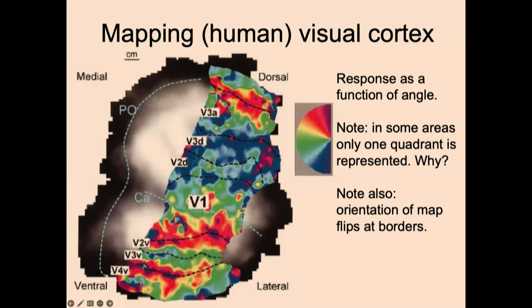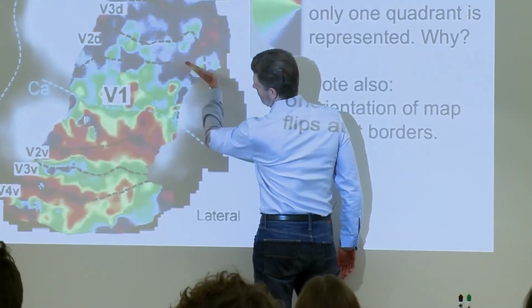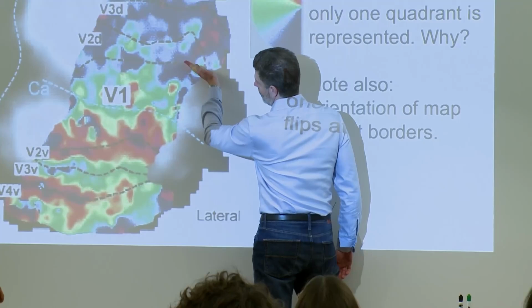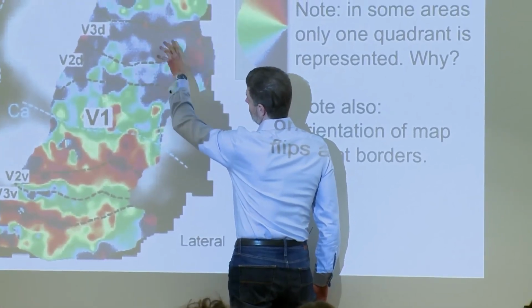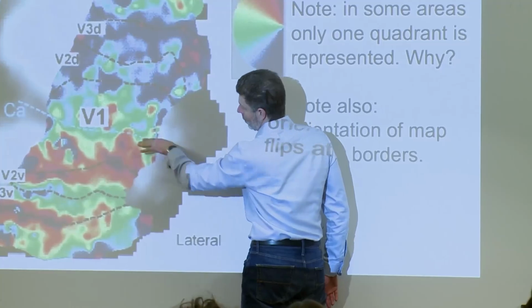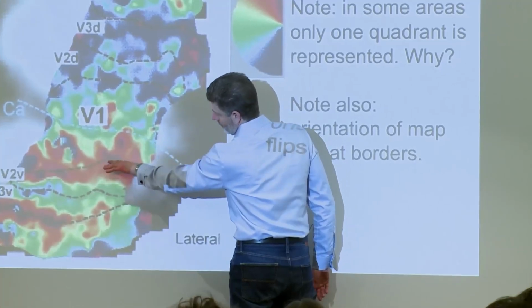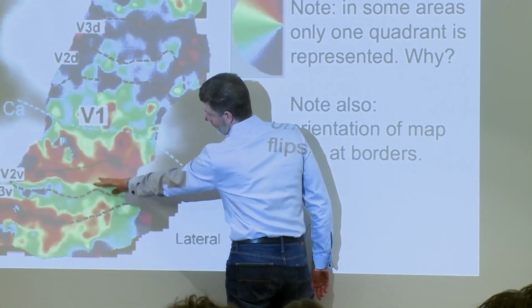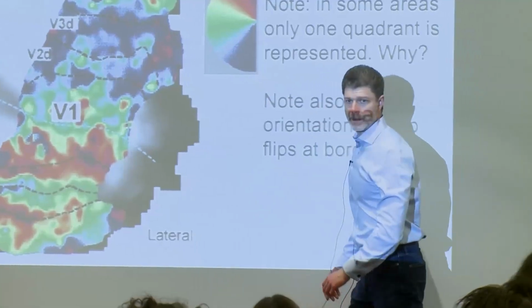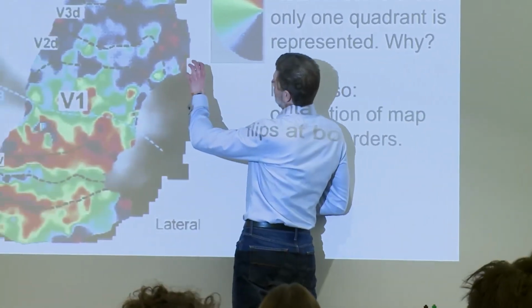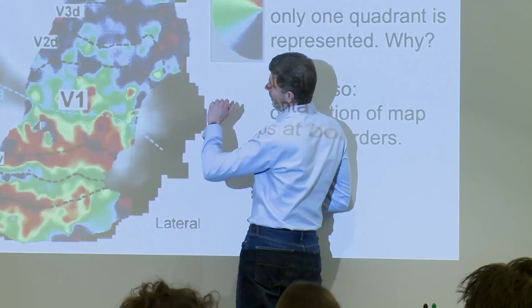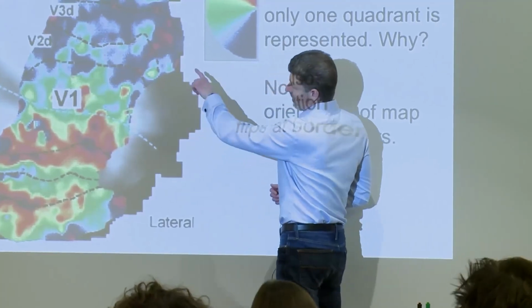Then what happens, once you get to what's considered to be the border of V2, is you start to see a lot of blue and green. There are these gradients, but they're blue and green, and there's not a whole lot of red. Whereas below V1, you see gradients from red to green. This is an indication that there's a separation of the upper and the lower hemifields, but they're inverted.